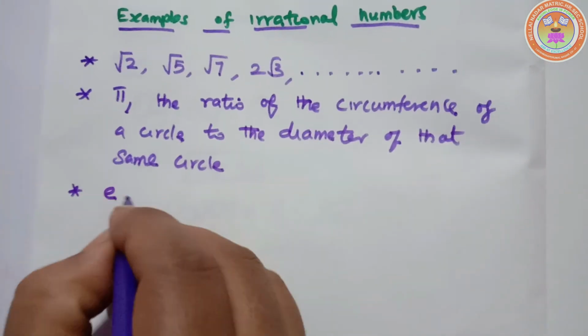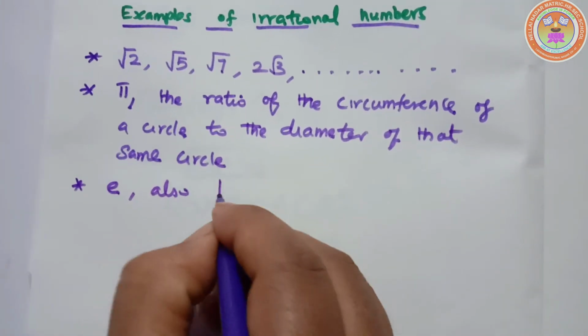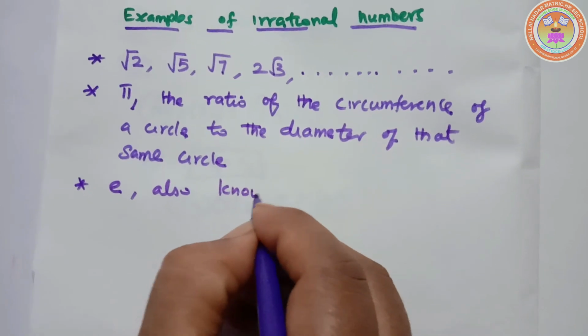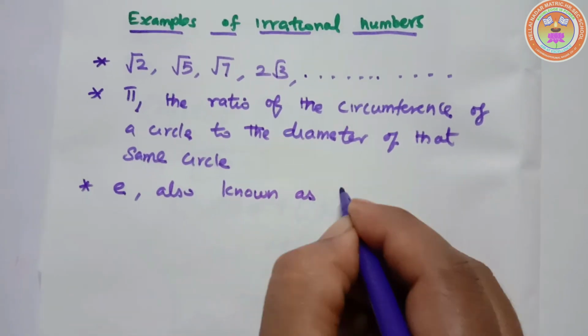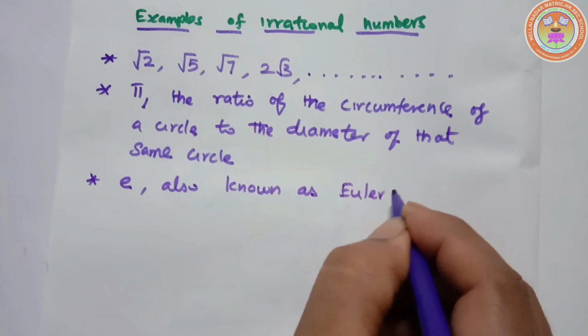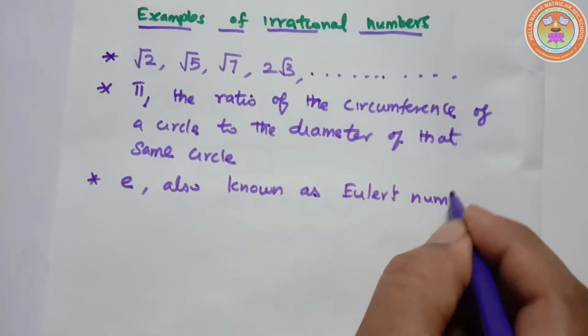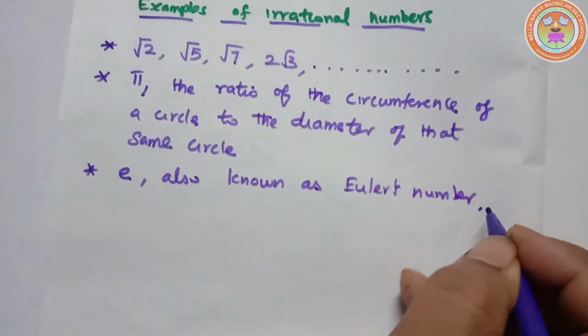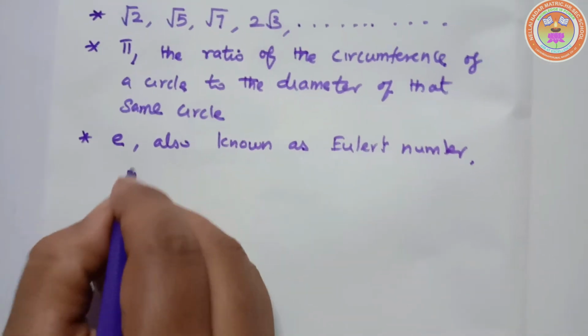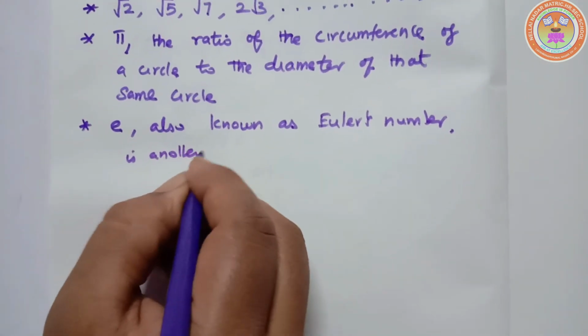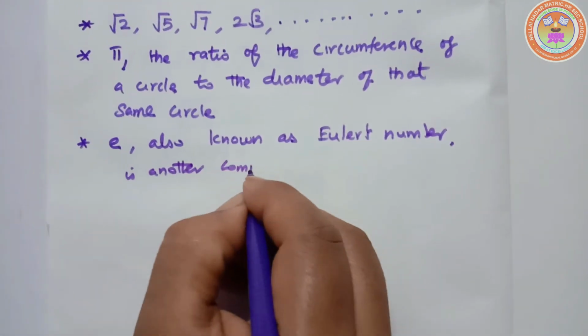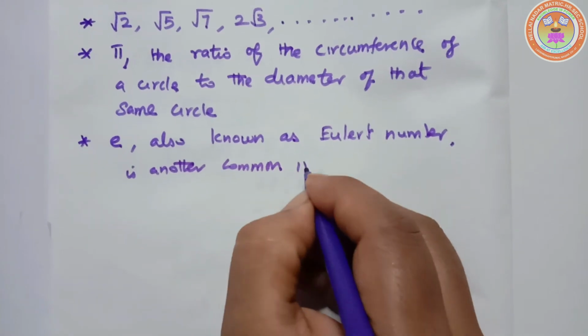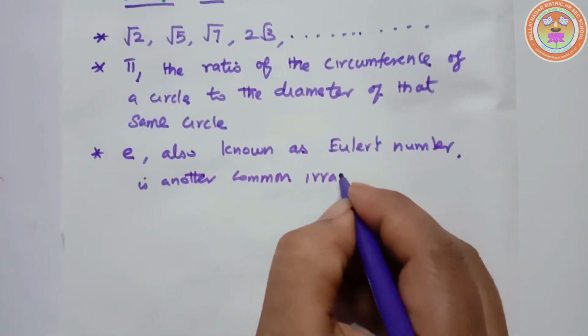Next, e, also known as Euler's number, is another common irrational number.